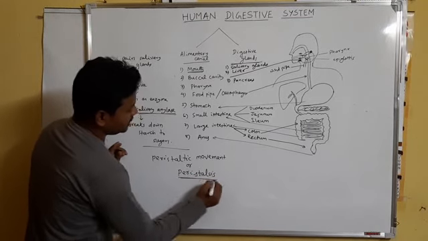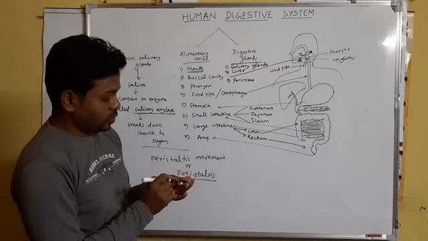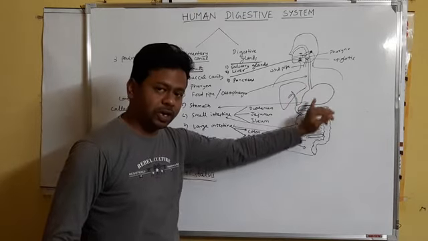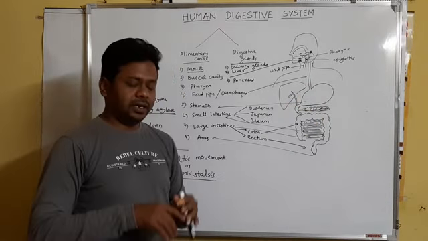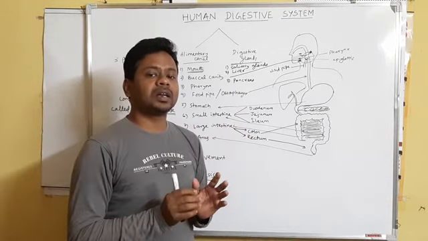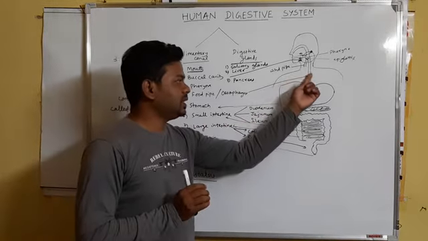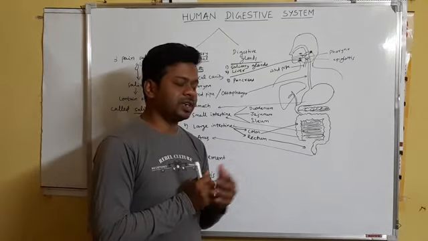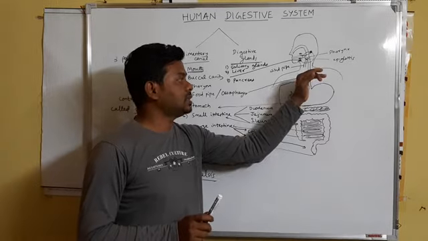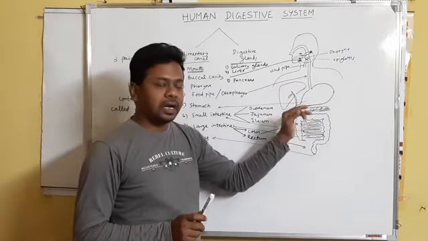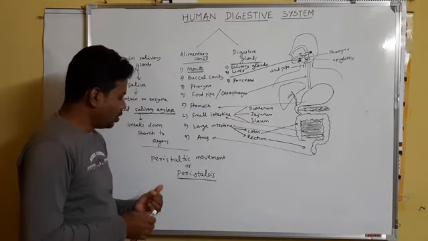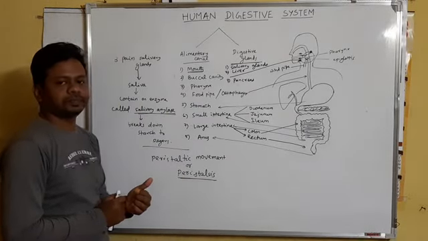So what does it mean? When the food passes through the food pipe or other parts of the alimentary canal, it goes through a rhythmic contraction of muscles present in the alimentary canal, and this type of movement is called peristaltic movement or peristalsis.